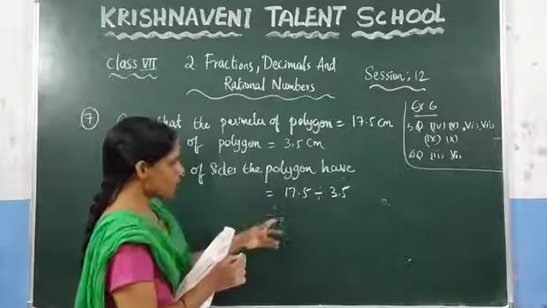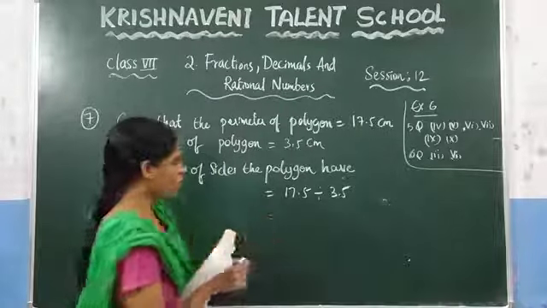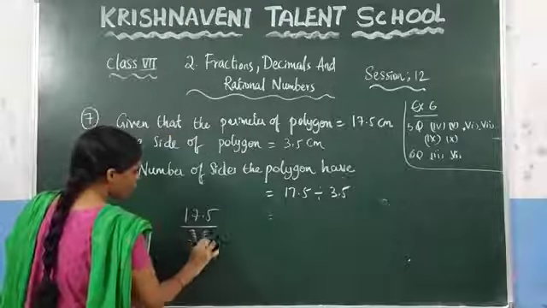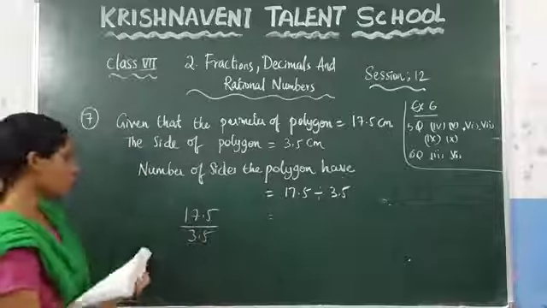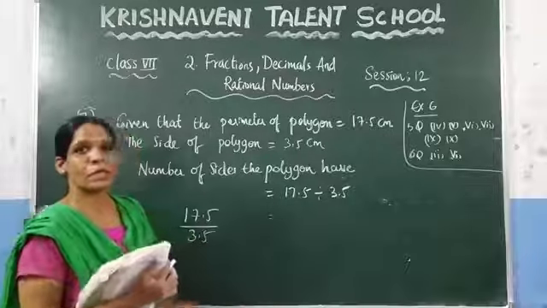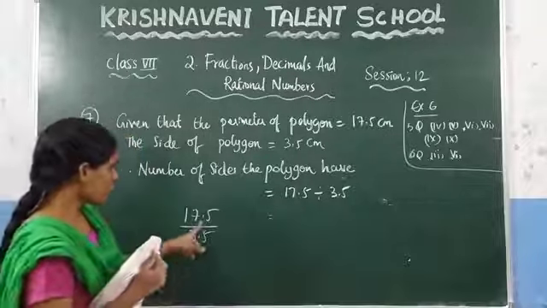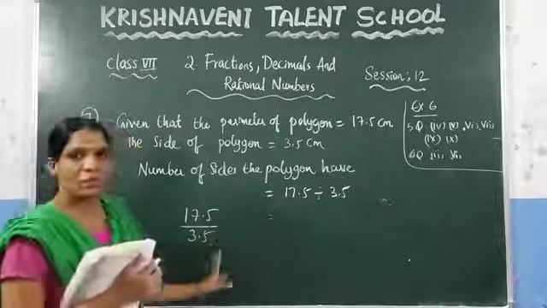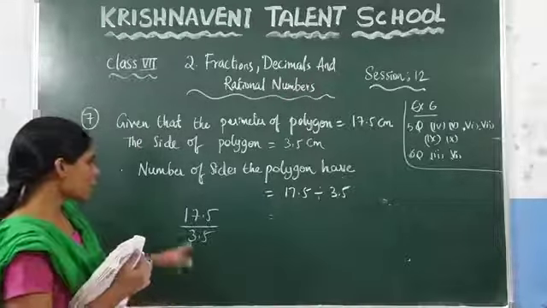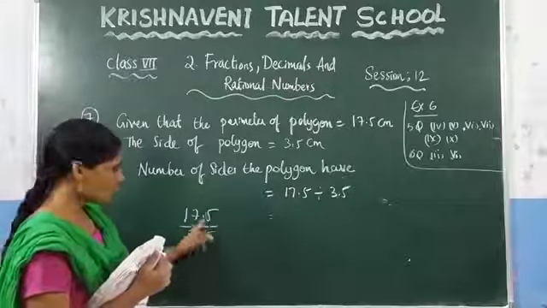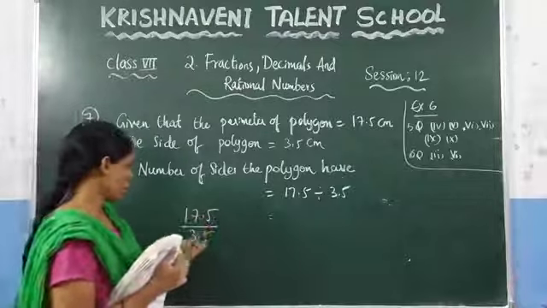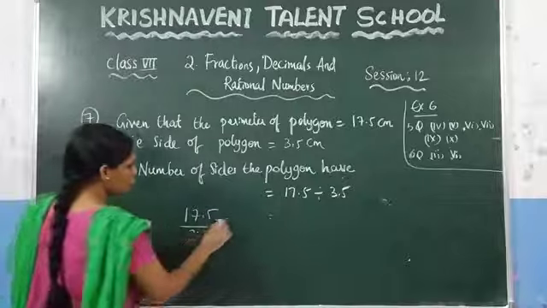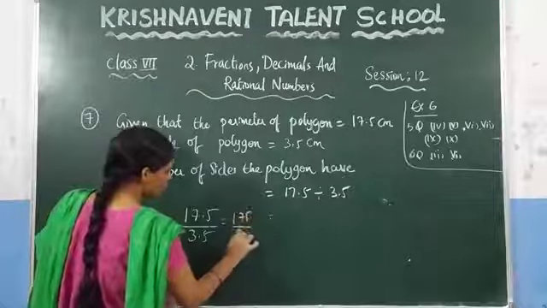You can observe that after the decimal point one number is there in the numerator, and after the decimal point one number is there in the denominator. So since after the decimal point the numbers are the same, you can cancel this decimal point. Directly you can write this one as 175 by 35.